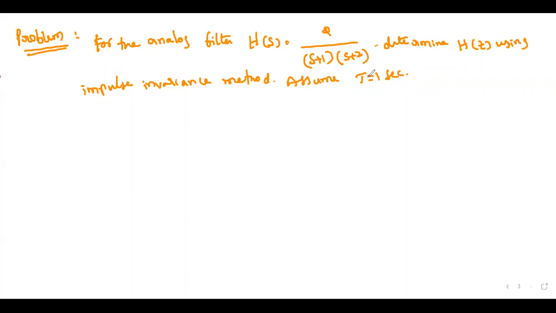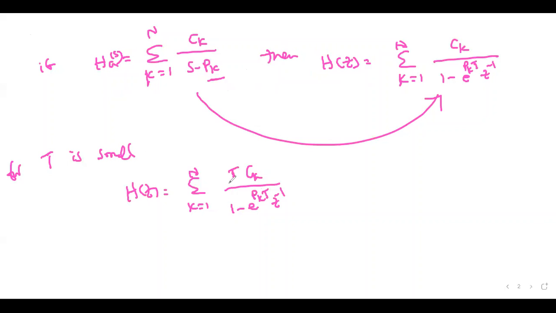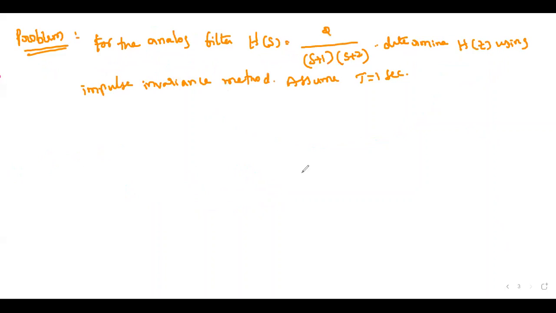If they give small T values, in the order of milliseconds or microseconds, you please use that second formula. This formula you use for small T values. For T equal to 1 second, this formula is okay. So now we will take the problem solution.